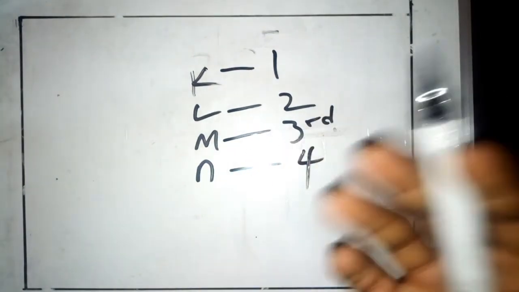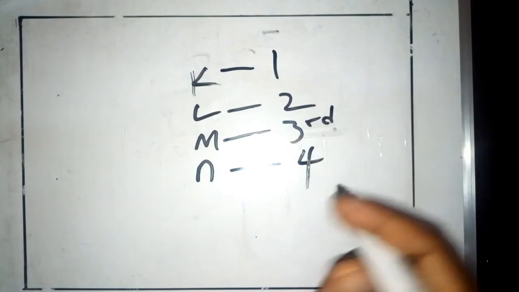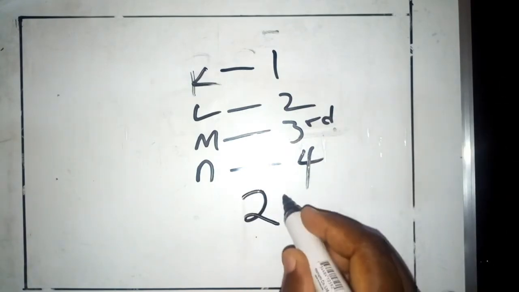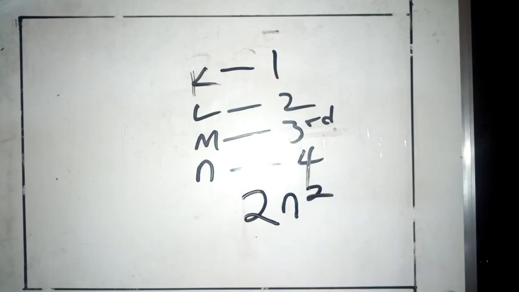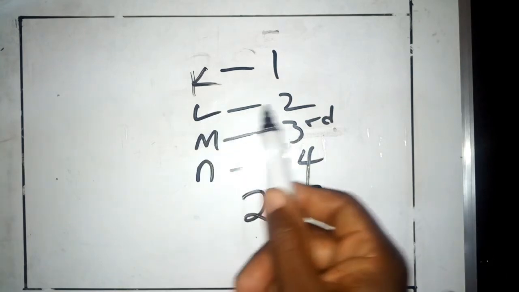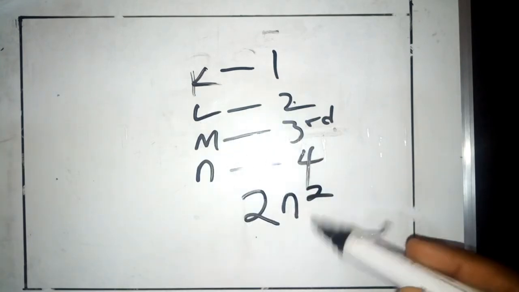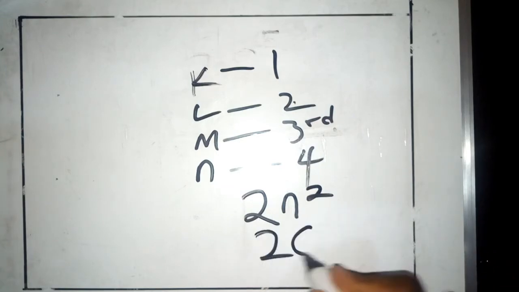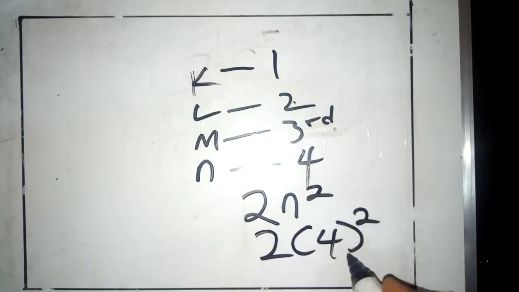The formula for calculating the maximum number of electrons in a shell is 2n squared. So for the L shell, n is 2, so 2 times 4.